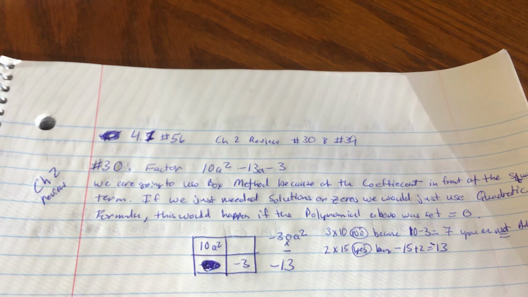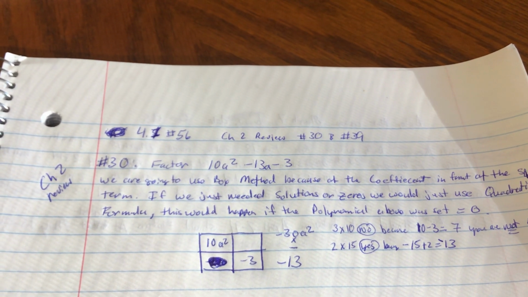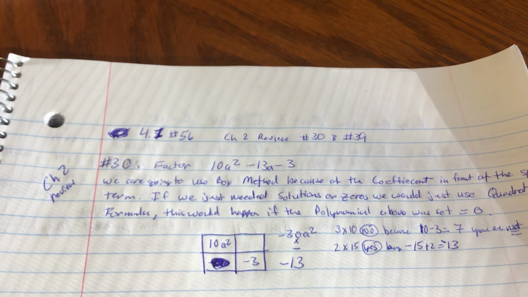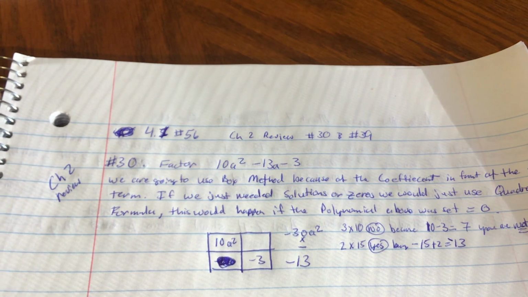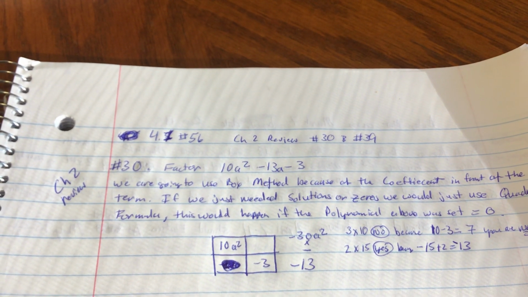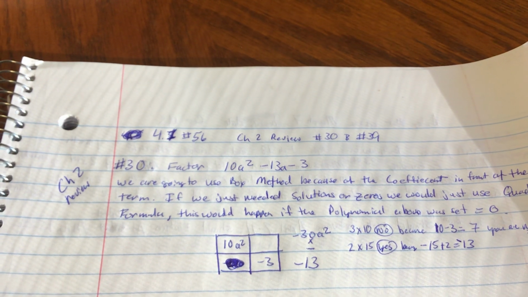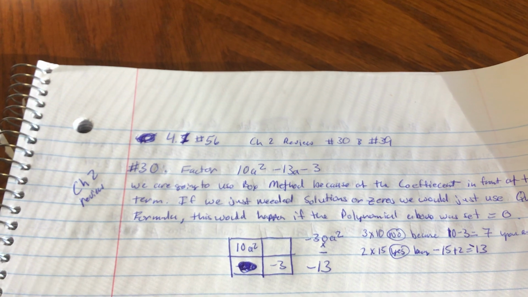We then multiply those and we end up with negative 30a squared. You'll notice that right out to the side of the box. We know we need it to multiply to be negative 30a squared, and then we need it to subtract because of the last term, the 3, is negative. So therefore we need it to subtract to be the middle term, which is negative 13.